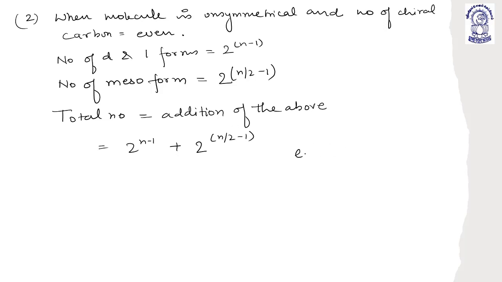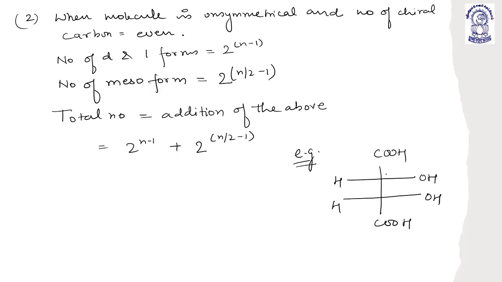For example, tartaric acid, an even number of chiral carbons. But here the molecule can be divided into two equal halves.